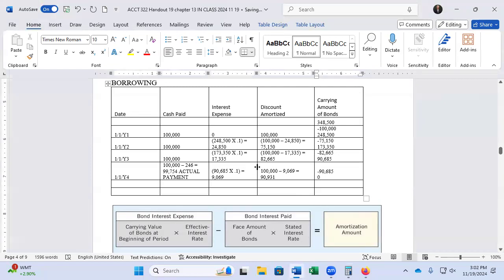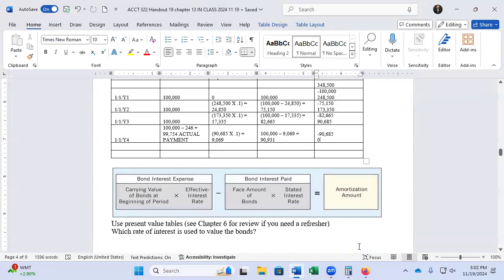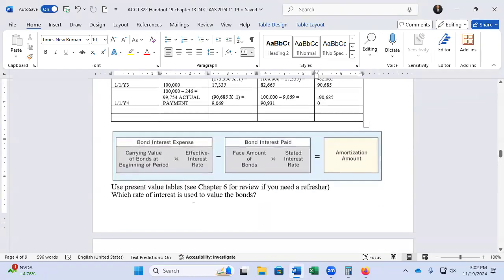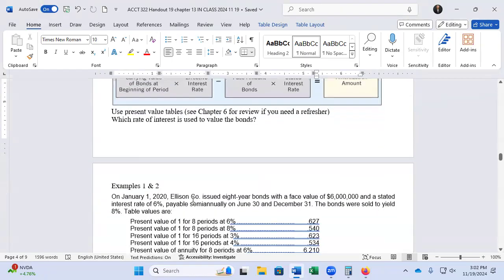Any questions? A little chart here, if you're looking for the amortization amount, it's kind of a quick shortcut. I do things mostly the long way in teaching you guys how to do it, but this is an option once you kind of get your bearings.